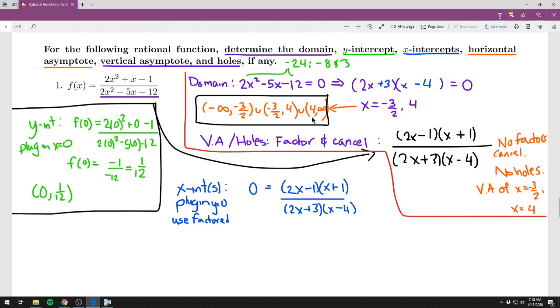Now, one thing that can really become a shortcut when you're finding the x-intercepts of a rational function, because you have a 0 over here, is to get rid of the denominator by multiplying each side by the 2x plus 3 times x minus 4.